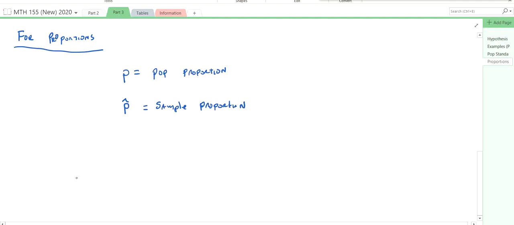Okay, so P hat then is just going to be some X over N value. This is the number of successes, and N will be our sample size.